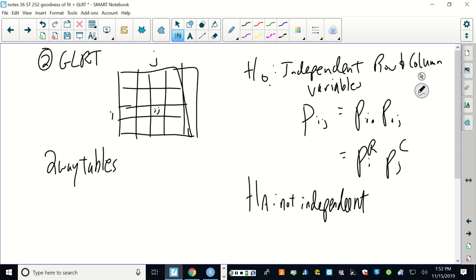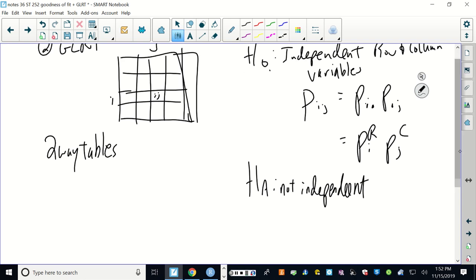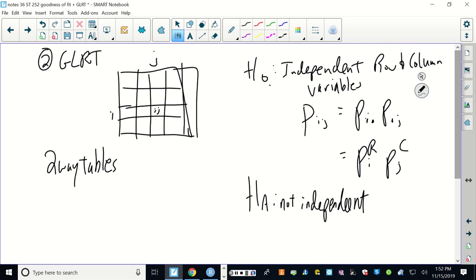And the likelihood that we have for a multinomial, this is something called a multinomial, the p_ij's, is essentially the probabilities raised to the power of the number of times it happens.